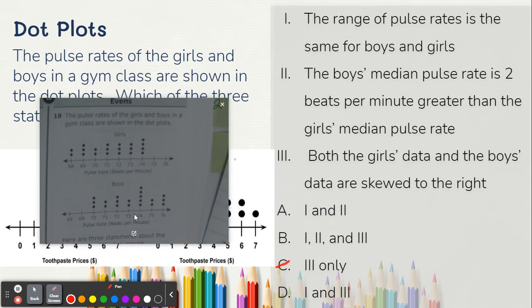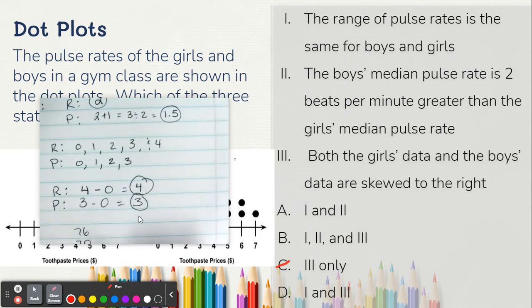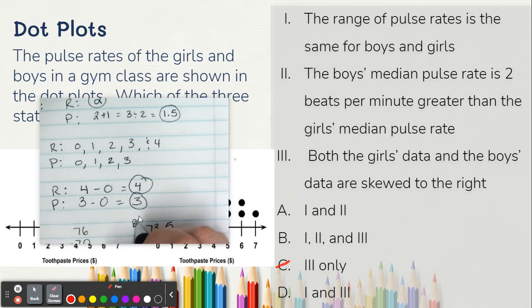So that would end up being 73.5. So it's in between 73 and 74. So my median here for the boys would be 73.5.